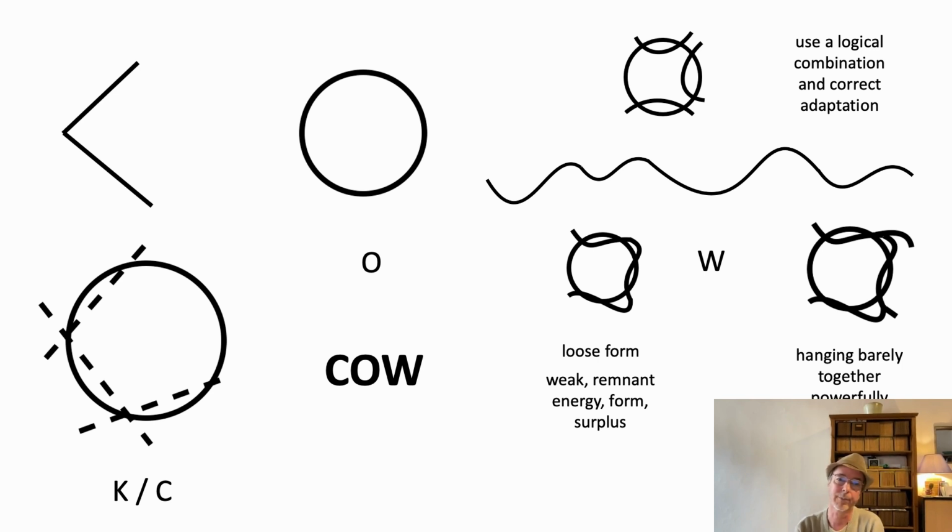So in the W, we already can express it quite easily as a kind of C breaking apart, as C, K, a combination, or as a W combined, so as a kind of loose form, a weak form, that is a kind of surplus which is surrounding, so the effect after effect around a circle, but it also has to express something that hangs barely together, so it's not always a very fluent form.